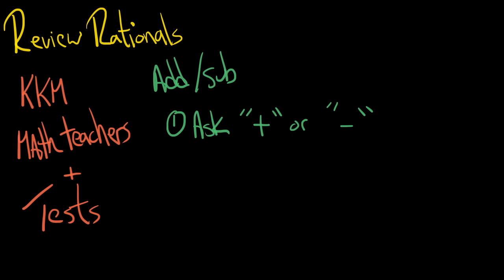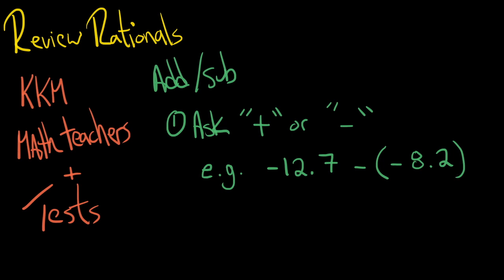So when you're looking at the numbers, I'll give you an example right now. Let's say we had negative 12.7, take away negative 8.2.